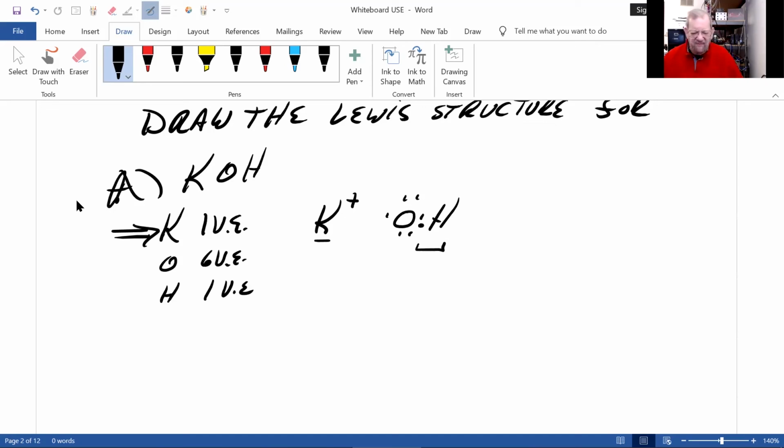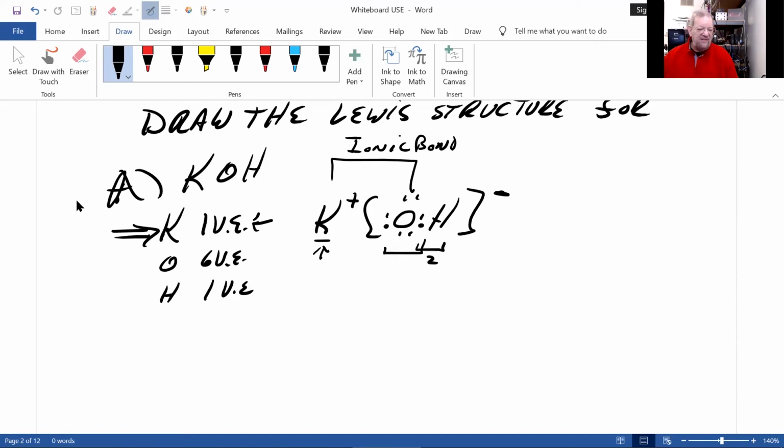If we look here, hydrogen has its octet, 2. But over here, oxygen only has 7. It wants 8. How does it do that? Well, where does this electron go, which left potassium? It goes to the oxygen, and this forms the hydroxide anion. So between these two, that's an ionic bond, a transfer of 1 or more electrons.